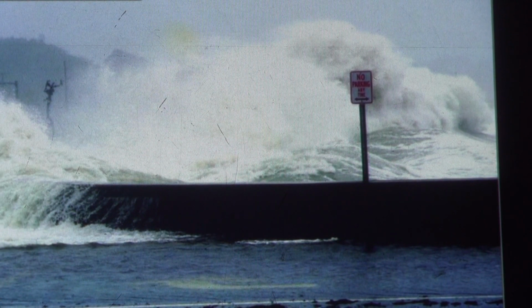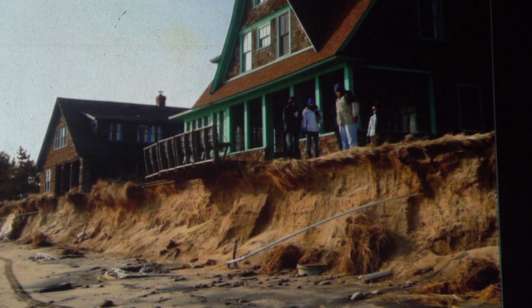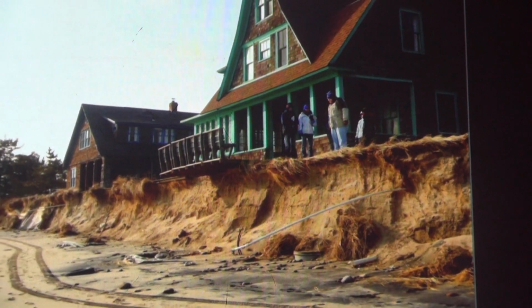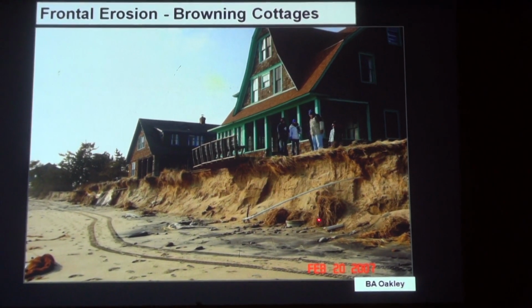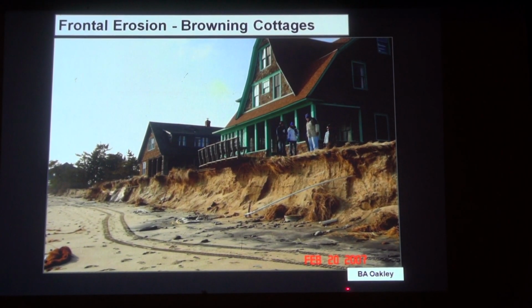Everybody runs to the Narragansett Pier seawall. And so this is just to tell you that storms are the driver. Here is frontal erosion at the Browning Cottages. This is a field trip in 2007. Brian's down here on the beach taking the picture, and the students are all freezing to death up here. It's in February and it's cold as hell.